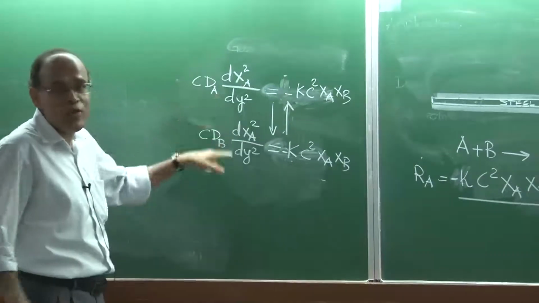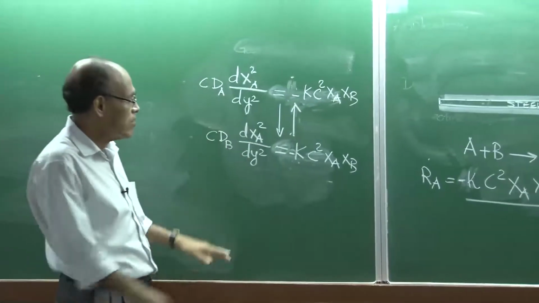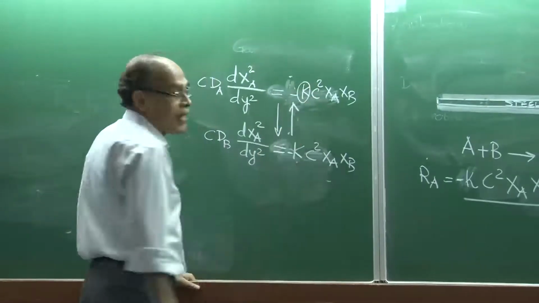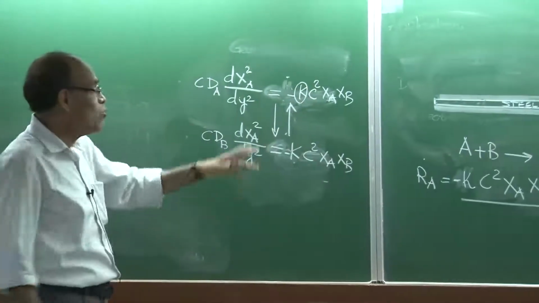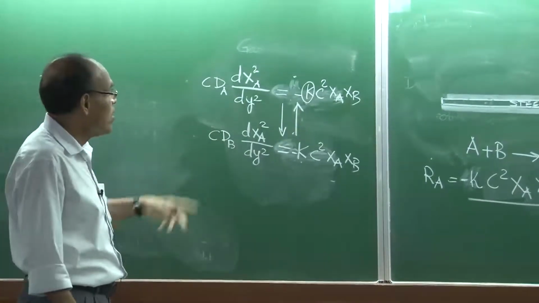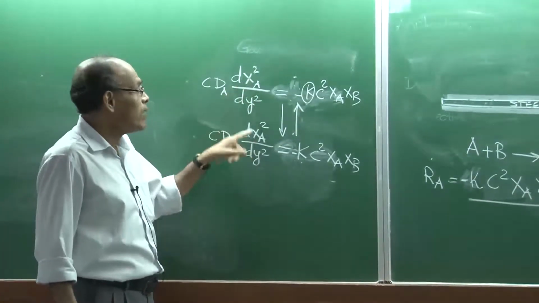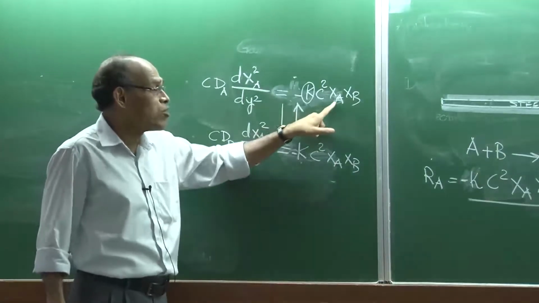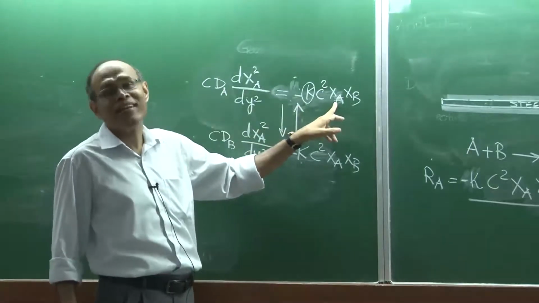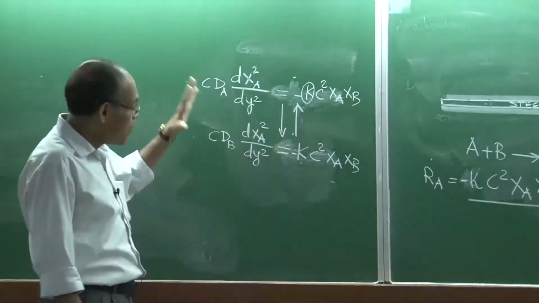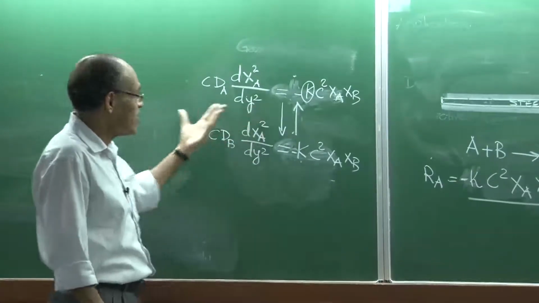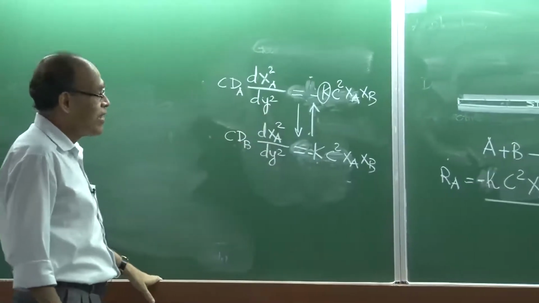So they are coupled equations actually, and you require the rate constant to be supplied to you. It cannot be an unknown. There are two equations and only two unknowns, XA and XB, but the source term depends on the concentration. Therefore this brings nonlinearity into the system. So these are coupled ordinary differential equations which are essentially nonlinear, and they cannot really be solved by analytical methods.